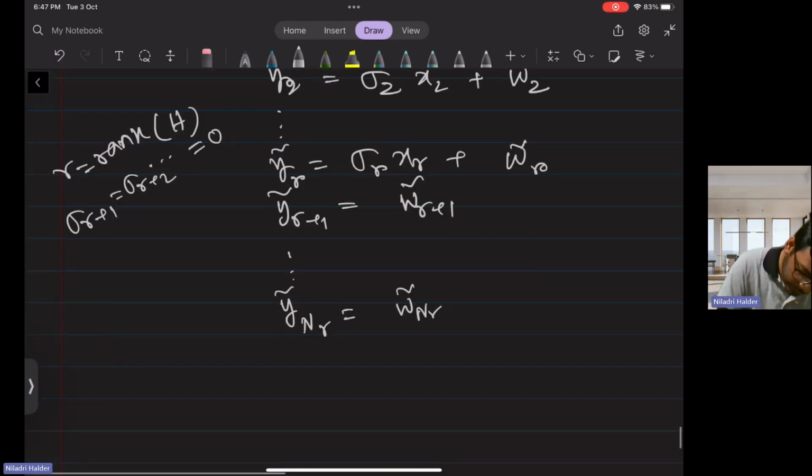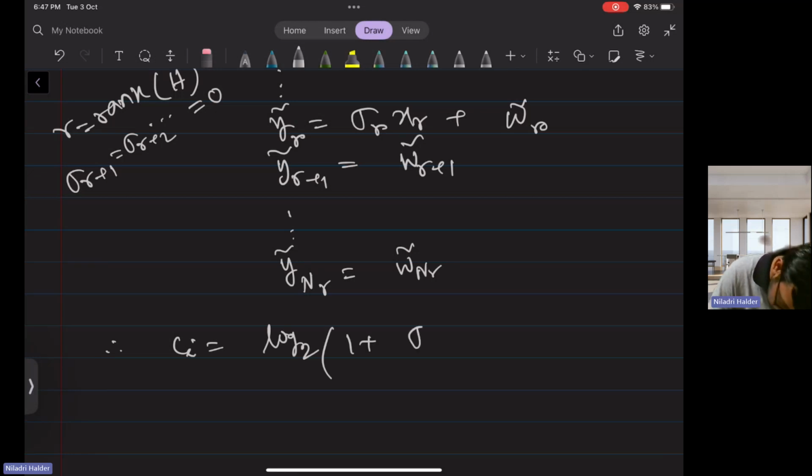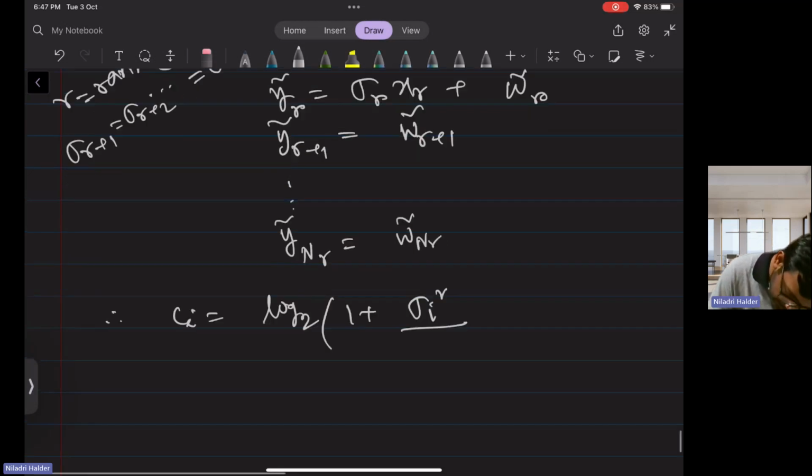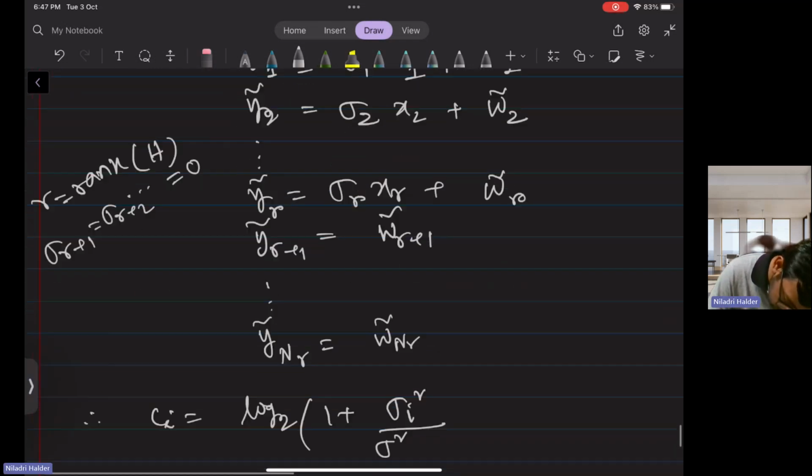So then ultimately the capacity is C_i equal to log 2 of 1 plus sigma_i^2 by sigma^2 into P_i.